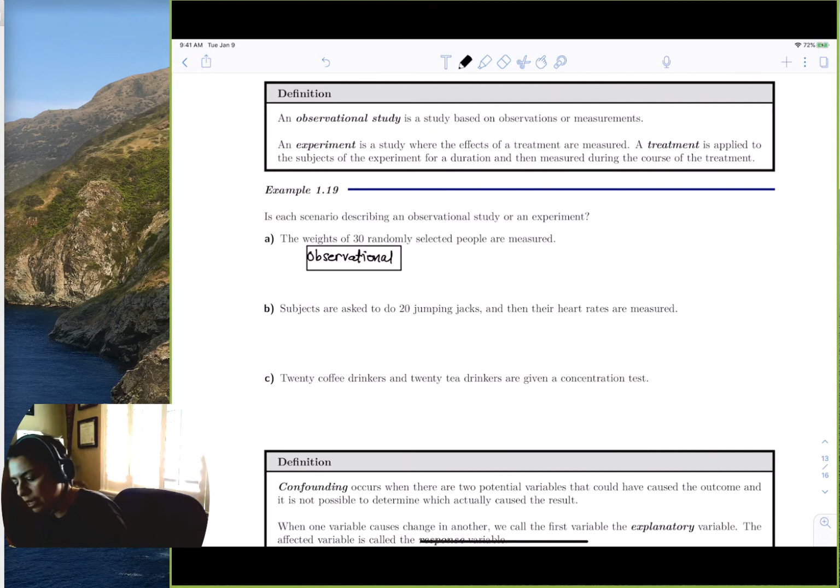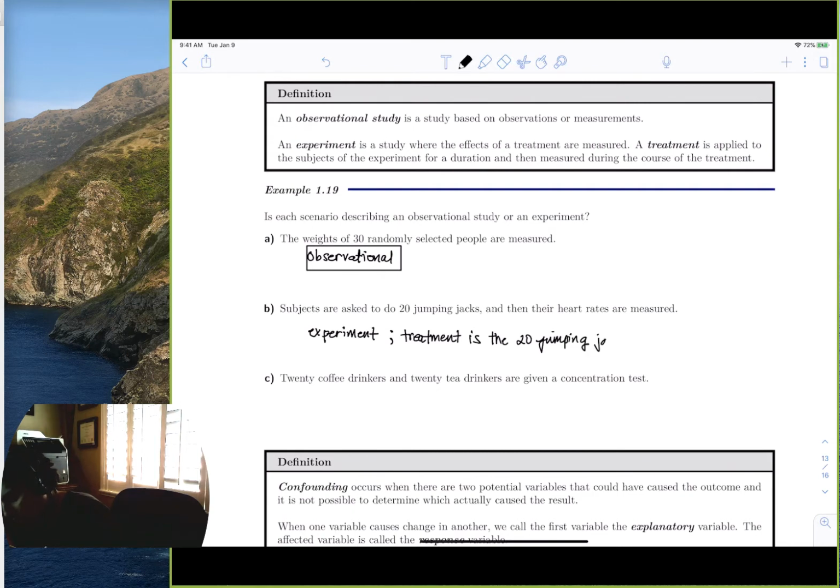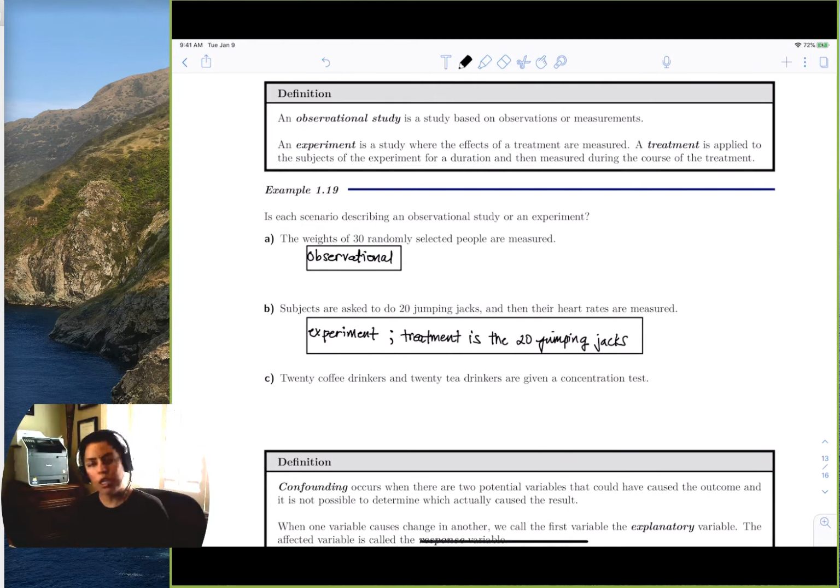So this is an experiment, and the treatment is the 20 jumping jacks. And really, you're just asking yourself, well, did I make my subjects do something before I observed something or wrote something down or asked them a question or not?